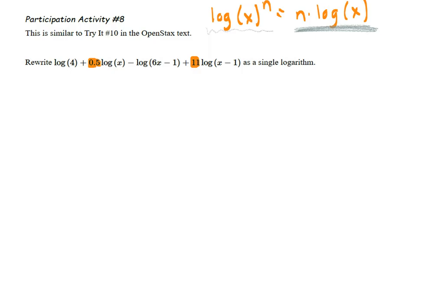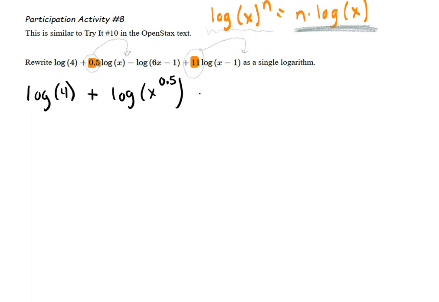So I have to take this 0.5 and it goes back up here in its exponent position, and so does this 11. So this now becomes the log of 4 plus the log of x raised to the 0.5, and I don't think it matters if it's inside or outside the parentheses. I'll just go ahead and stick it inside.